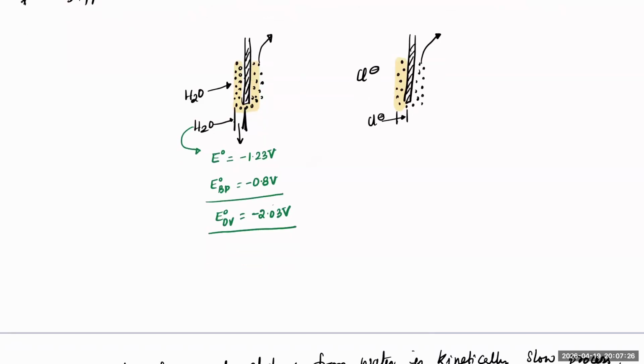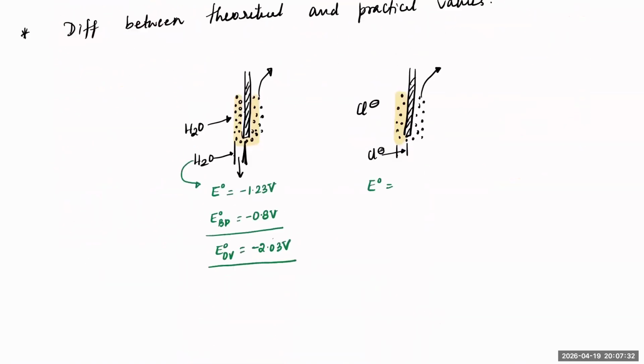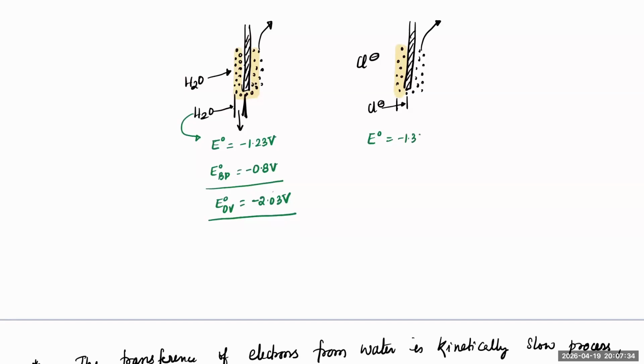While in the case of chloride, the E naught value theoretically required is how much? Minus 1.36 volts, correct? But as it comes to the bubble potential, chloride will make a relatively much thinner phase here.